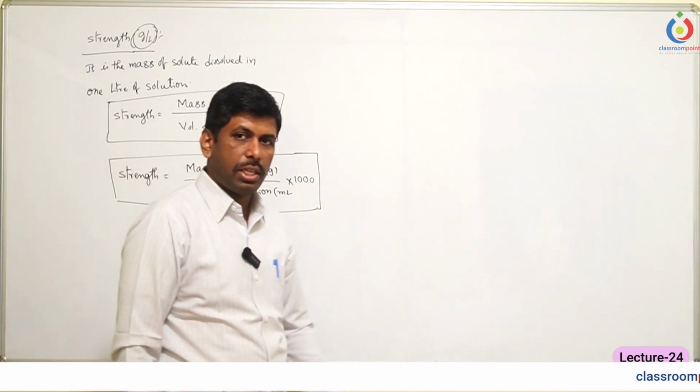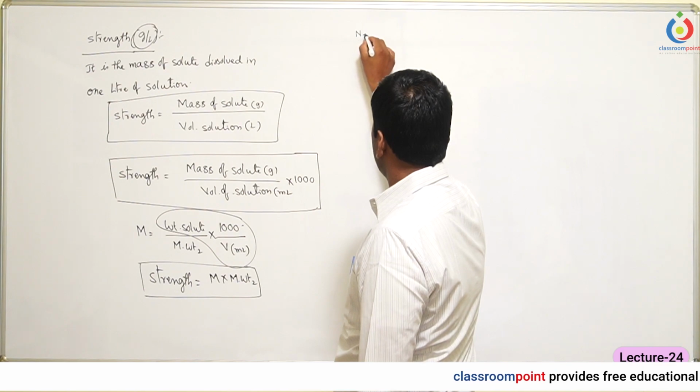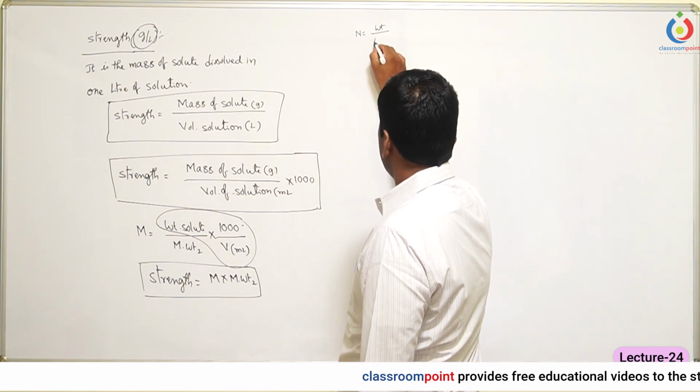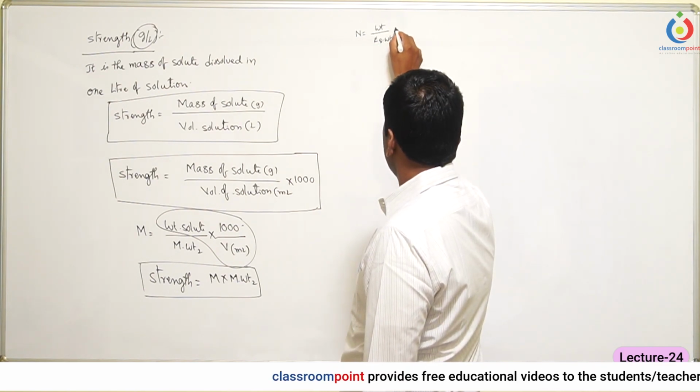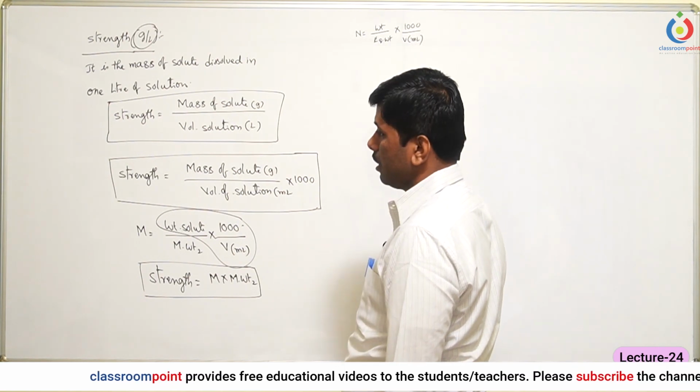Similarly, we can relate the strength with the normality also. Normality is weight by equivalent weight of solute into 1000 by volume of solution in milliliters.